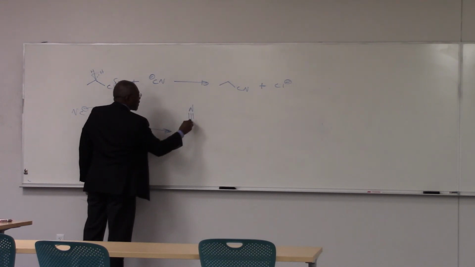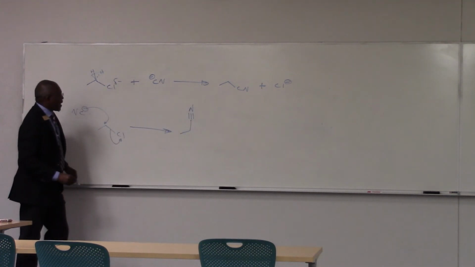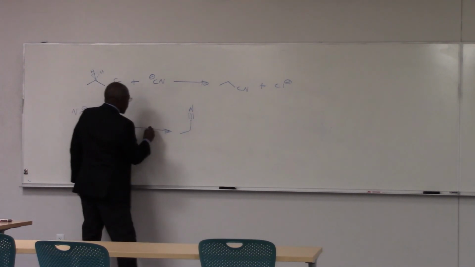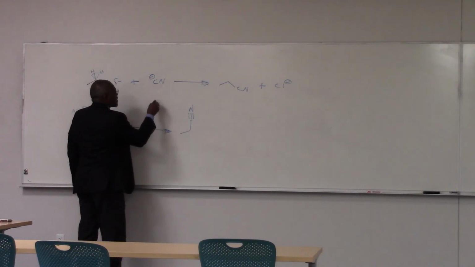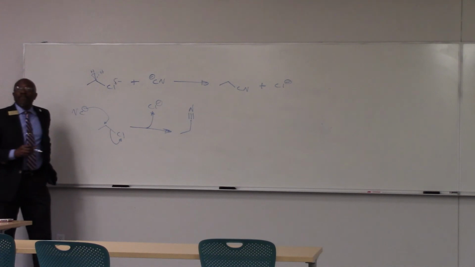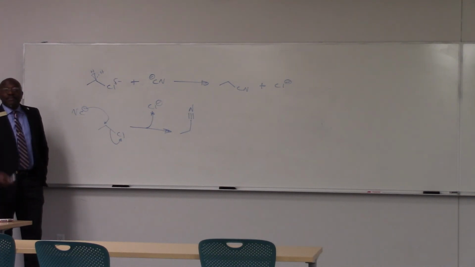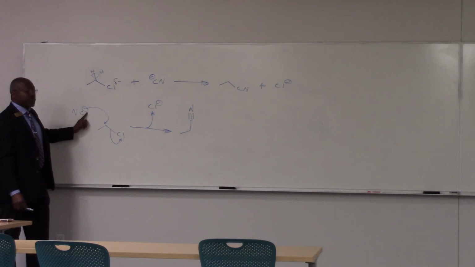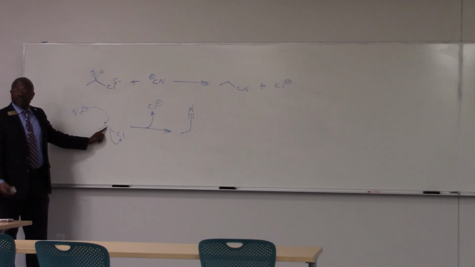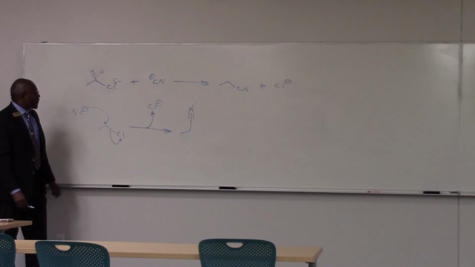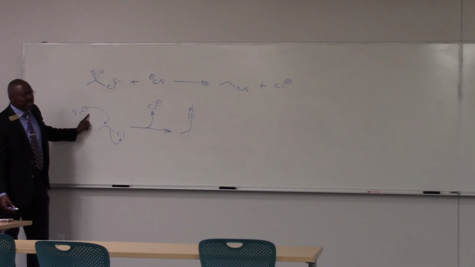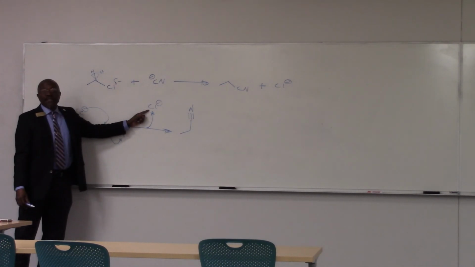So this is the carbon of the cyanide, and I would have lost in the process Cl minus. And is it reasonable? Absolutely. That's electron rich, that's electron poor, match made in heaven.